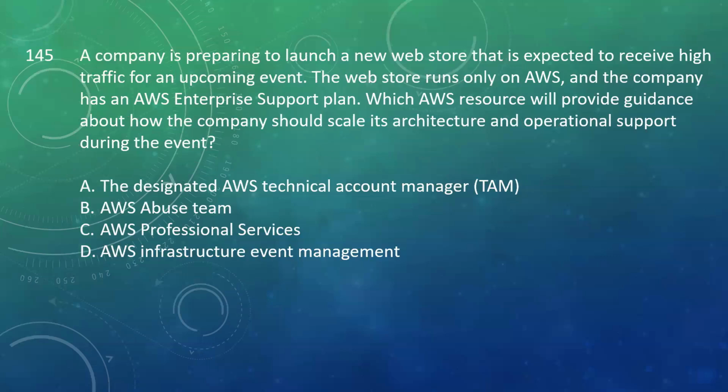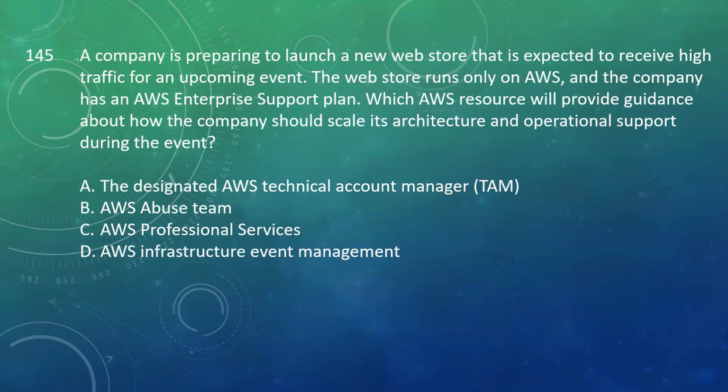Let's move on to question 145 of the series. A company is preparing to launch a new web store that is expected to receive high traffic for an upcoming event. The web store runs only on AWS, and the company has an AWS enterprise support plan. Which AWS resource will provide guidance about how the company should scale its architecture and operational support during the event?